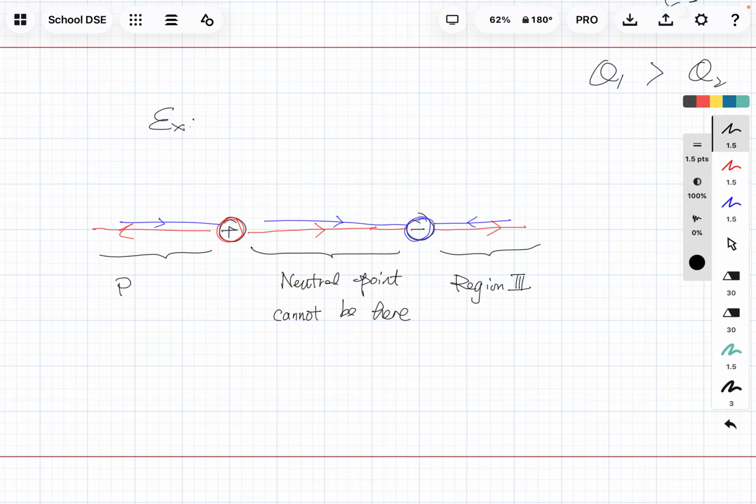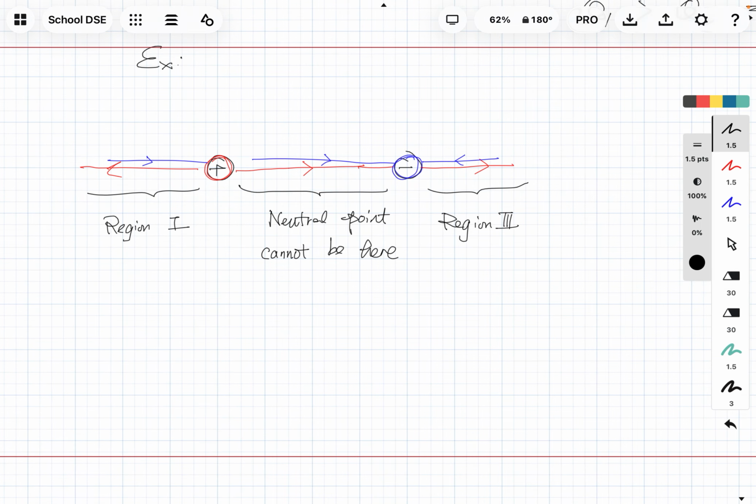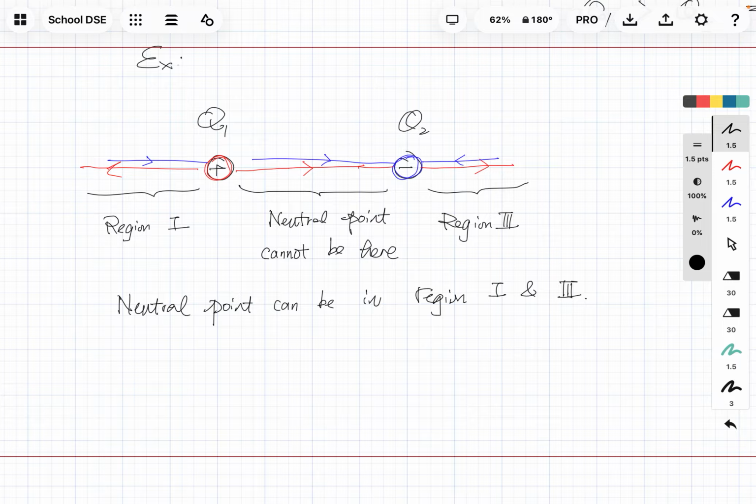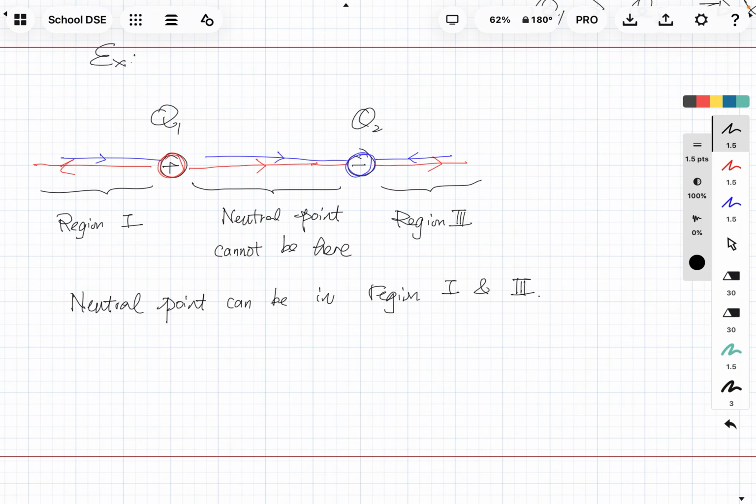The electrostatic case is more difficult because you can have one charge positive and one charge negative. Although the region where you can find the neutral point is different, it will have to be on both sides, or either side, of the whole system, instead of between the two charges. But the result is the same. The neutral point is located near the charge with the smaller magnitude.